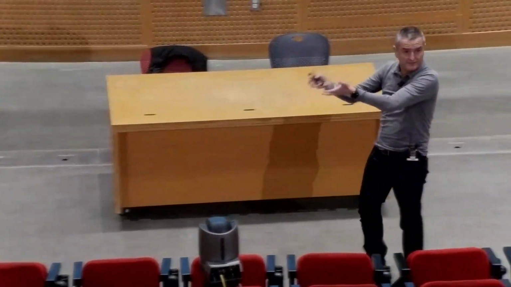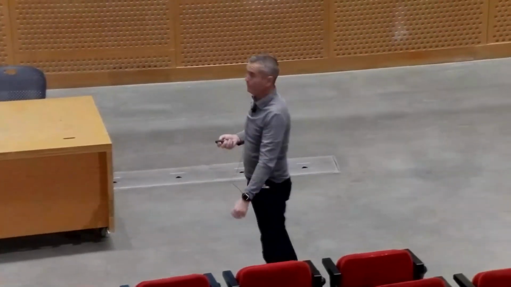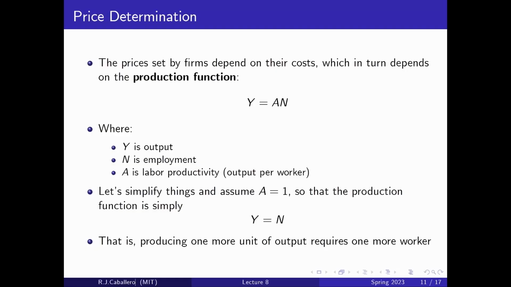So if the labor market is very tight, it's going to be more expensive to produce output. And we simplified this production function a lot. We made output equal to employment. And that meant that to produce one extra unit of output, you need one extra unit of labor, which meant you need to pay one unit of the wage.